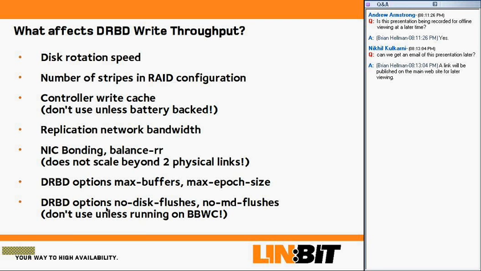The number of stripes in a RAID configuration is one of the most easily tuned factors in terms of DRBD throughput, because striping in a RAID configuration, and I'm talking about striping without parity, such as RAID 0 or RAID 1+0 or RAID 10, acts as a throughput multiplier. So, for example, with today's standard issue hard disks that you can get in any server, you could typically expect something like 50 to 60 megabytes per second of throughput to the actual disk.